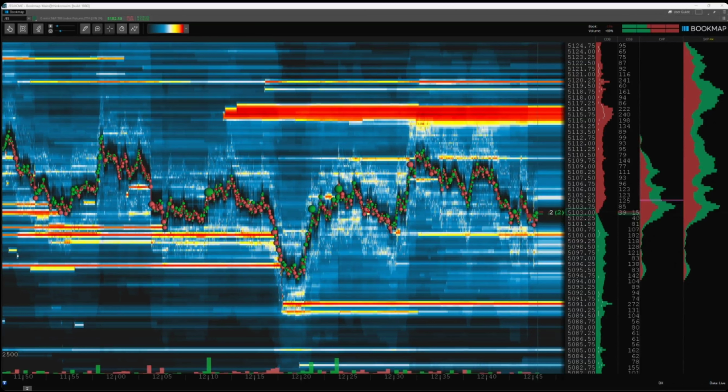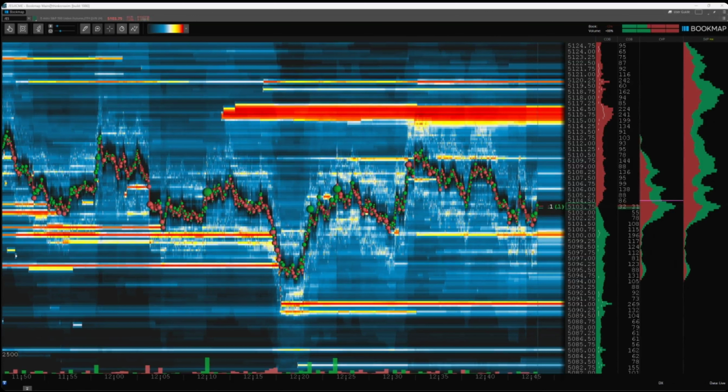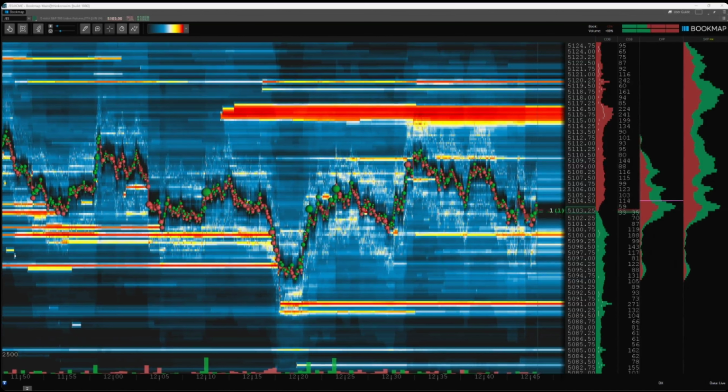And remember, the sooner you get in, the faster of a move you're going to need to make money, and the closer you're going to need to get to your money.